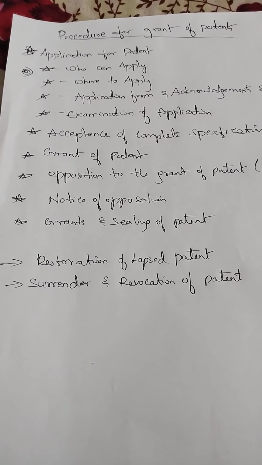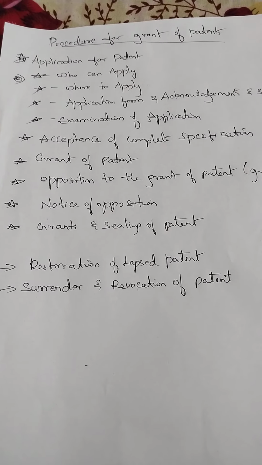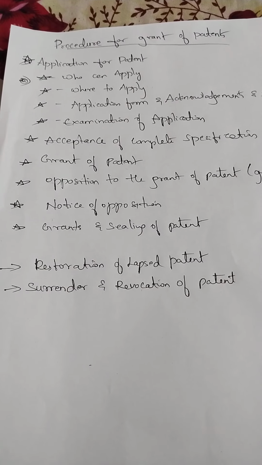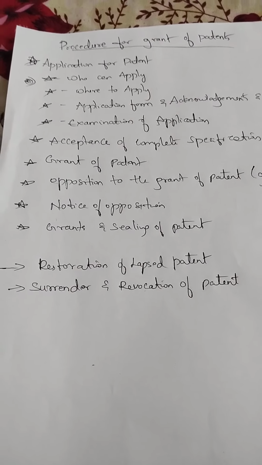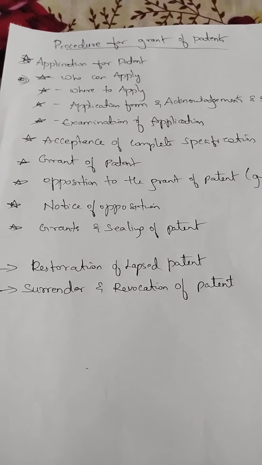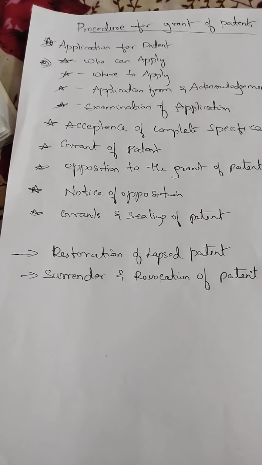Now talking about the specification here also. When the specification is accompanying, rupees 20 should be given as a processing fee. This is for provisional. And when the complete specification is being submitted, rupees 50 processing fee should be paid. It is considered as a fee along with the application form.